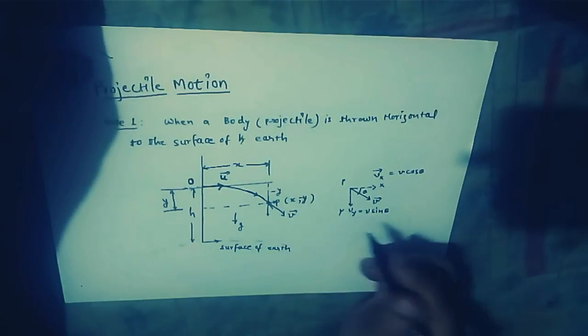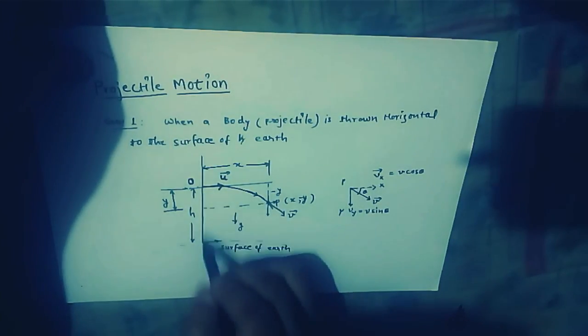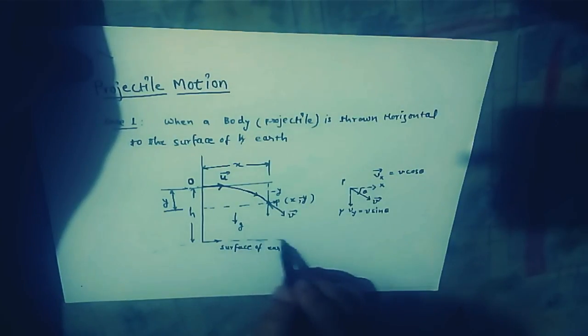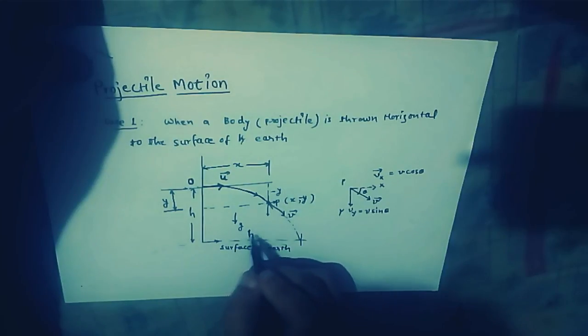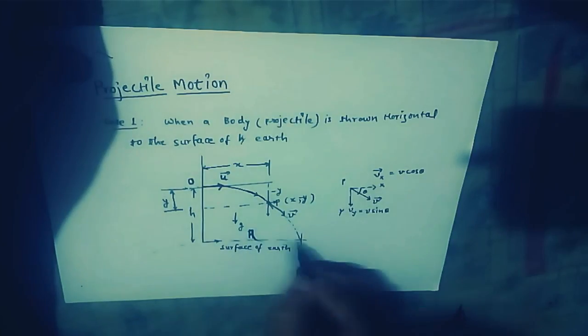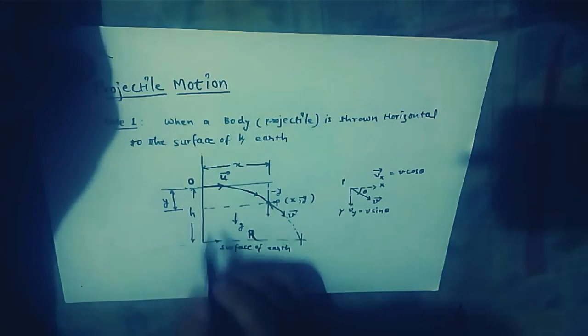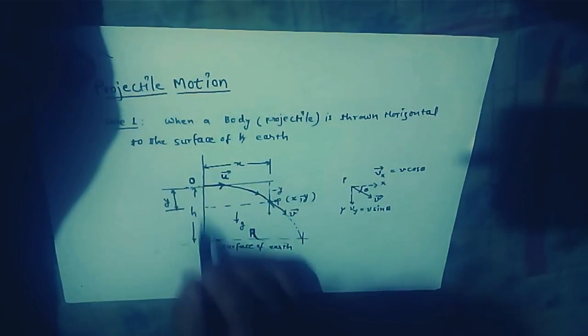Then we will find the horizontal range. Suppose when it comes down to the surface of earth, the height is capital H, and the distance it moves along the x-axis along the surface of earth is r, and the height from the surface of earth is h.